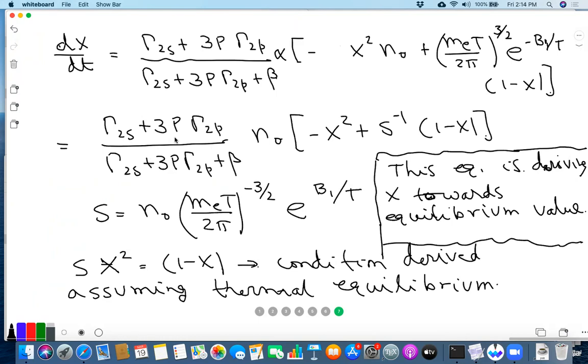Because of the low occupancy number of the NL states, this process is slow: you have to first form NL states, and even though that forms fast, the equilibrium value itself is small enough that it cannot build up enough numbers to supply to form 1s states. So that's essentially the physics of why this process is slower than what the equilibrium gives us.